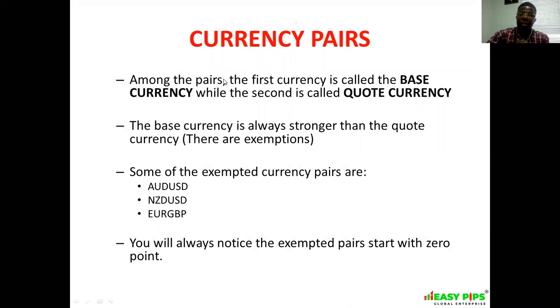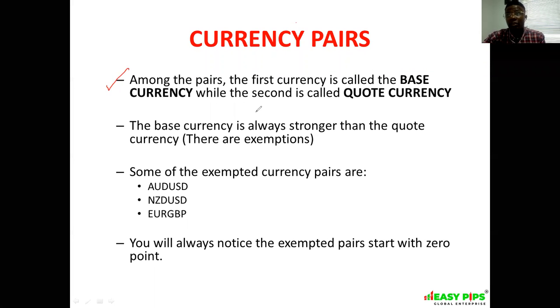So now, we are still on currency pair. Among these pairs, the first currency is called the base currency, while the second currency is called the quote currency. What I mean is that, let's take for example, a currency pair, EUR USD.